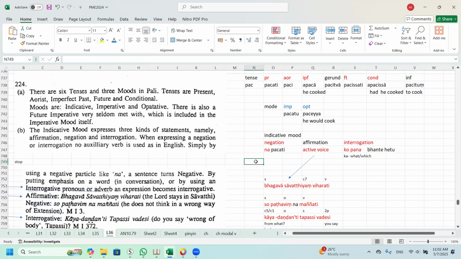Brother Alfred: On page 3 of this PME, the beginning part, the introduction, it is stated that the missing one is the perfect past on the tenses.